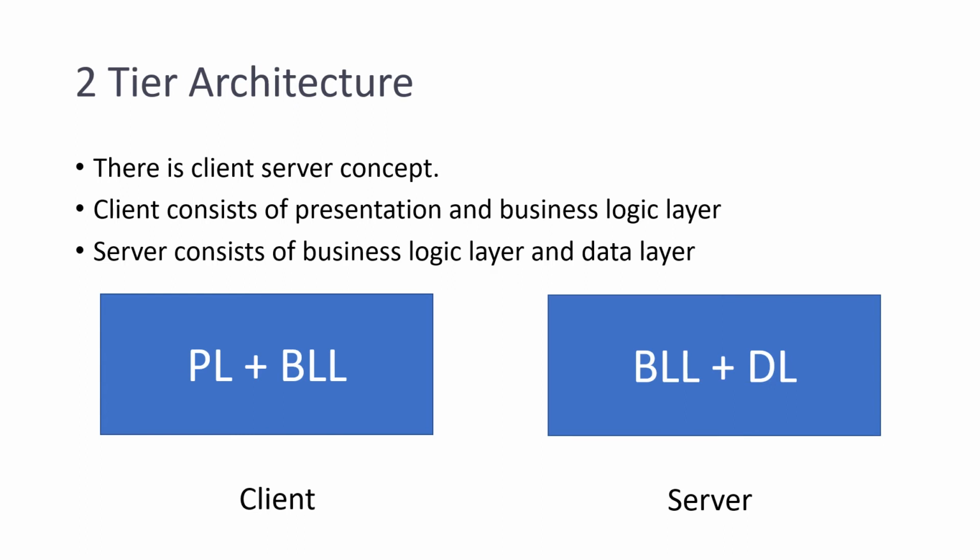In case of two-tier architecture, it has a client-server concept. The client consists of presentation and business logic layer, whereas the server consists of business logic layer and data layer.